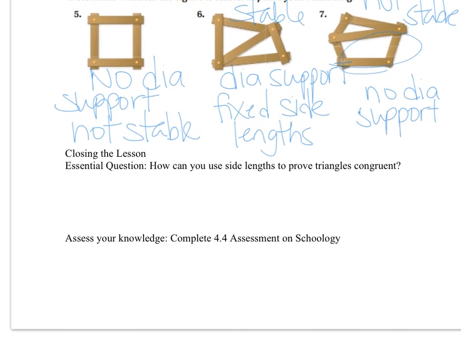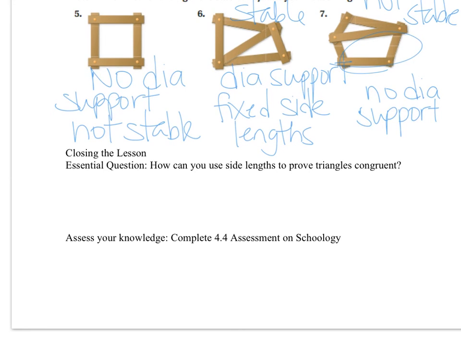All right, then closing the lesson. How can you use side lengths to prove triangles are congruent?